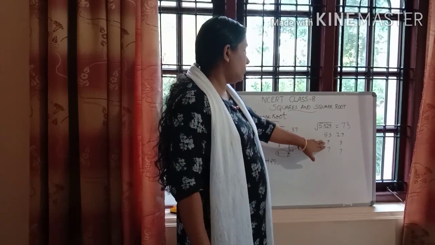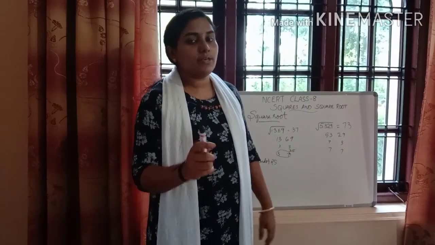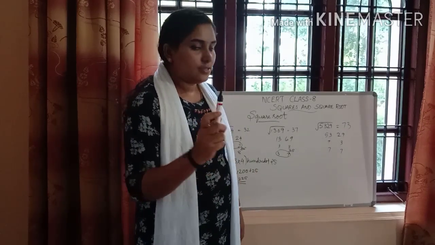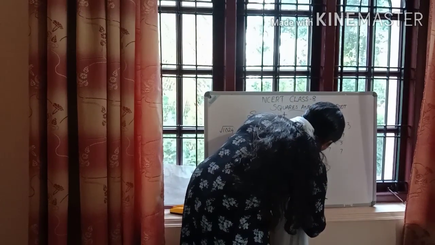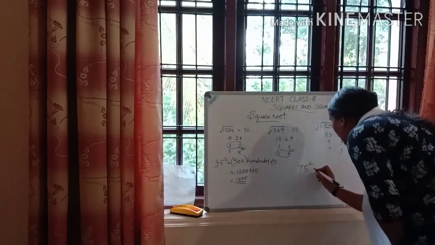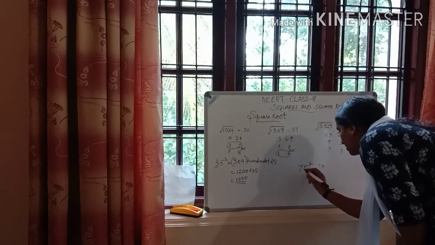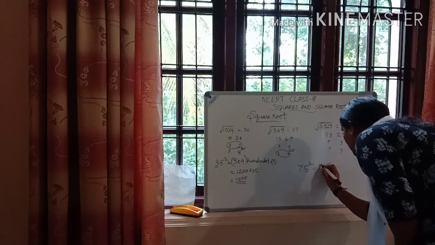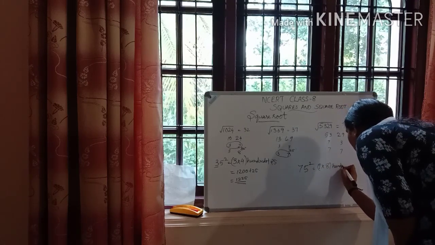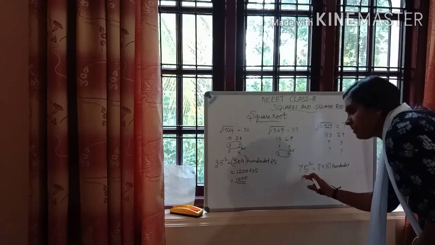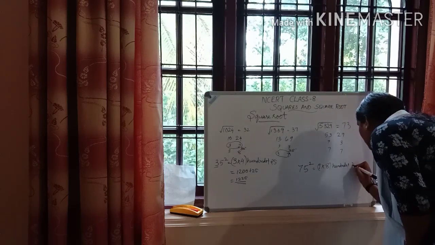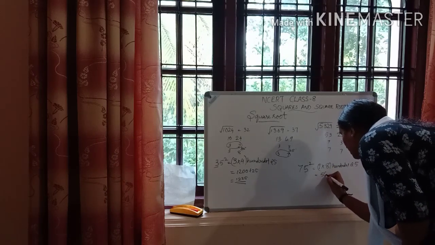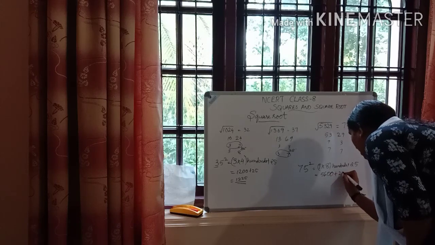In between 73 and 77, 75 is there. We can easily find the square of 75 as shown here. 75 square is equal to 7 into the next number of 7, that is 8, into hundreds, plus the expansion method, 5 square gives 25. 7 into 8 is 56, so 5600 plus 25.